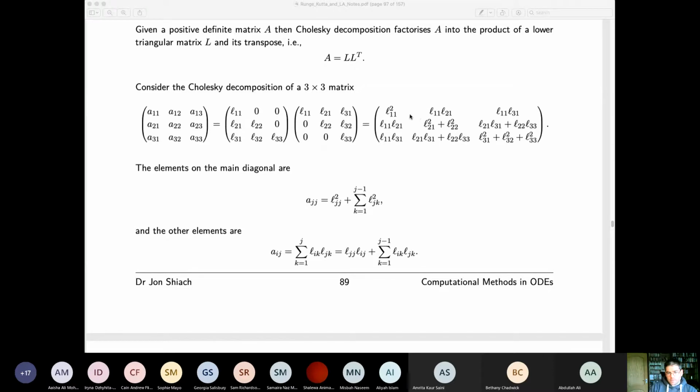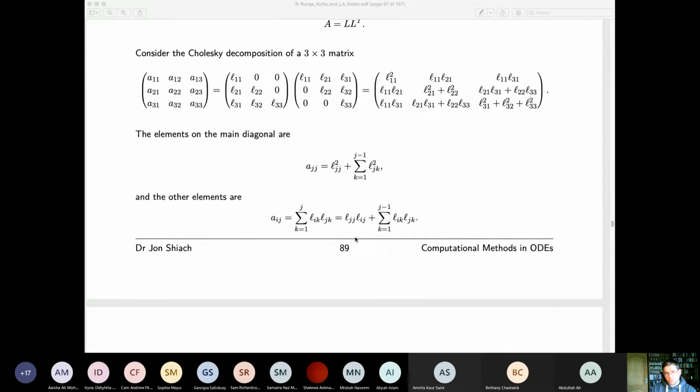If we look at the elements on the main diagonal, they follow a pattern. When i is 2, we've got L22 squared plus L21 squared. And when i is 3, we've got L33 squared plus L32 squared plus L31 squared. So this is that pattern. The main diagonal elements follow this pattern, and for all other elements, they follow this pattern.